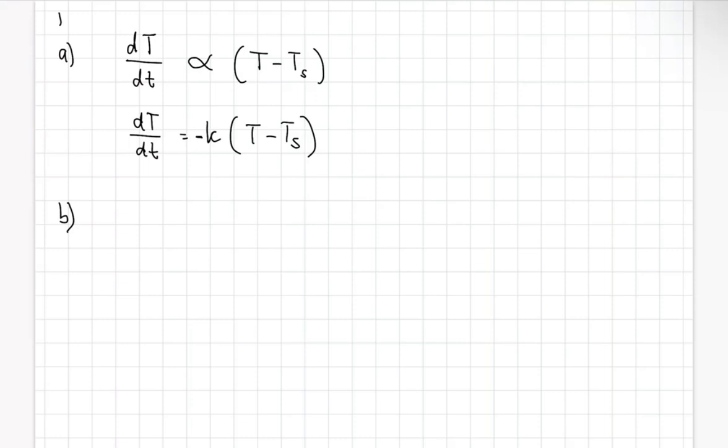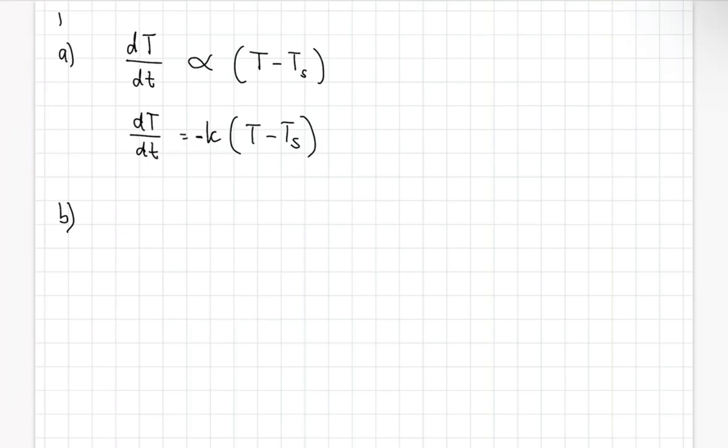This is according to Newton's law of cooling, which says that if we put a hot temperature into a cool temperature, the temperature will be reduced according to the surrounding. So we need to put the negative sign.